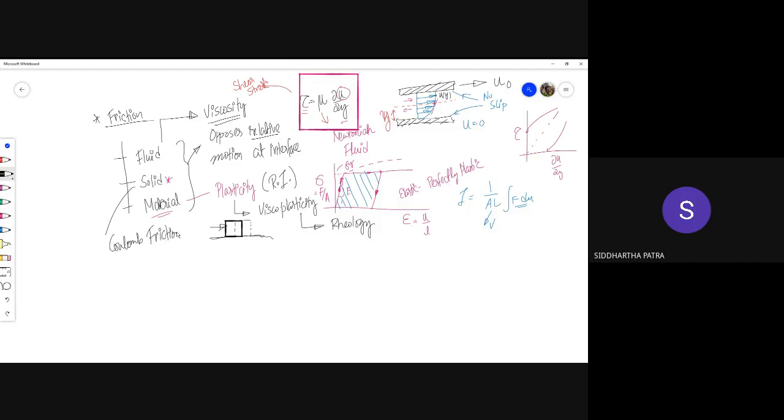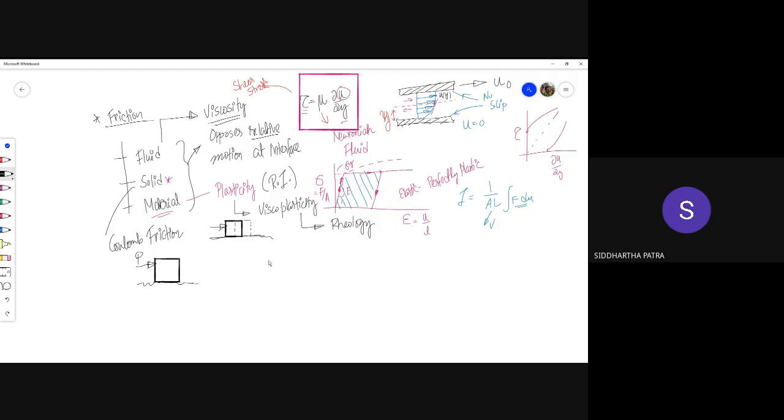In this case, the friction force is self-adjusting. Now, what is friction force? Let's say I apply a force, it is stationary, and I apply a force P right here.